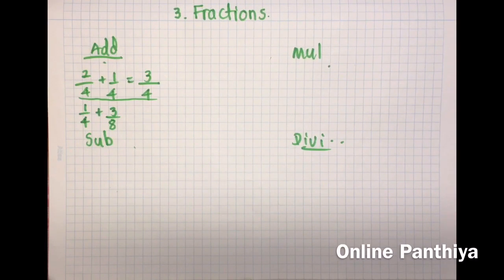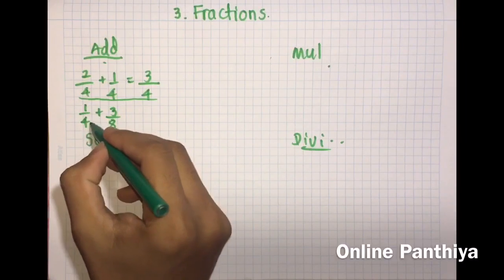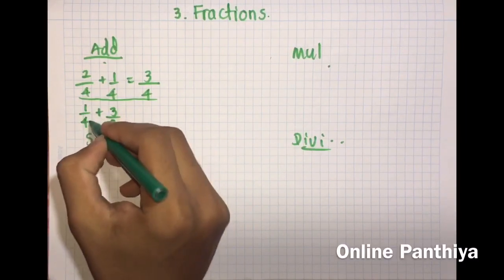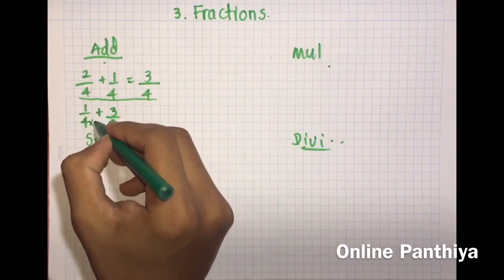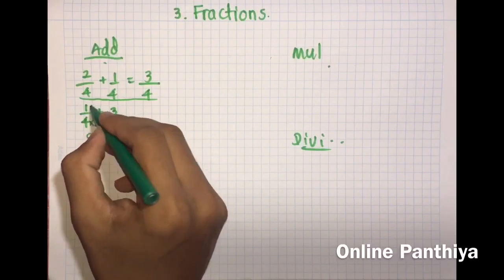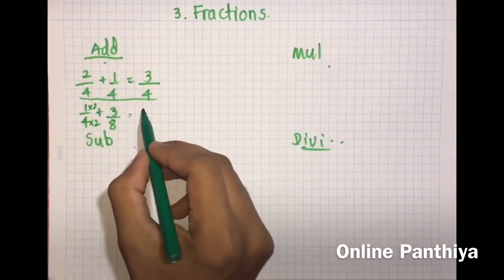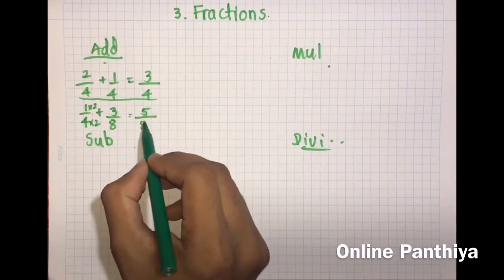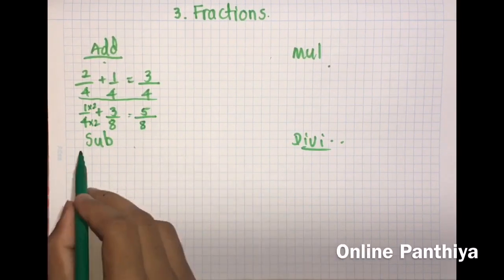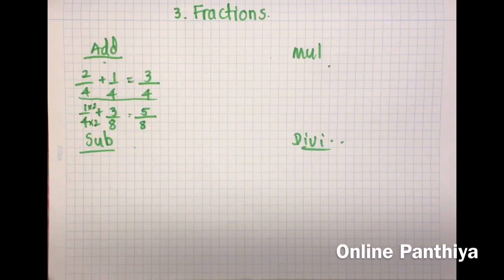So in order to add these types of fractions, you have to make the denominator same. The LCM of 4 and 8 is 8. Therefore, in order to get 8 here, I have to multiply this by 2, also this also by 2. So here I get 2, 2 plus 3 is equal to 5, 5 over the same denominator. Was that part clear? Okay, so let us move on to subtraction.